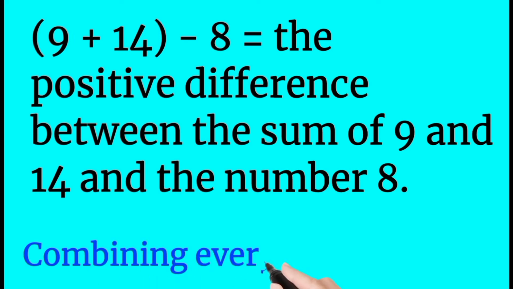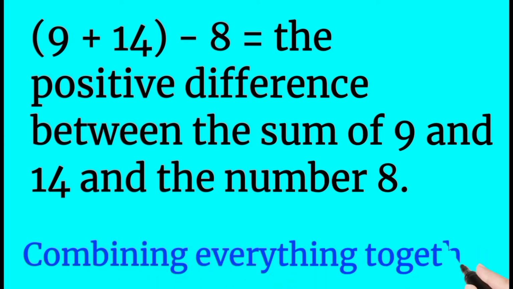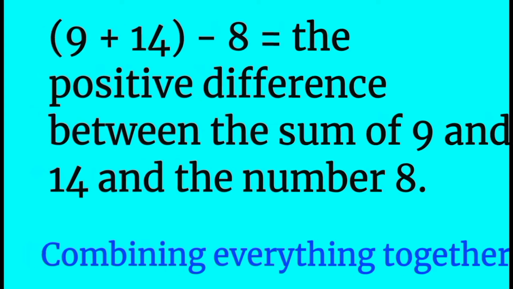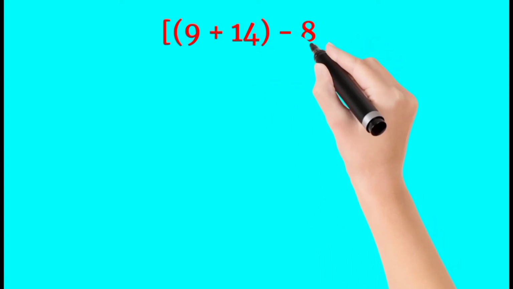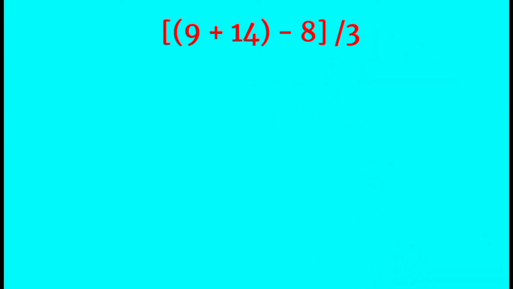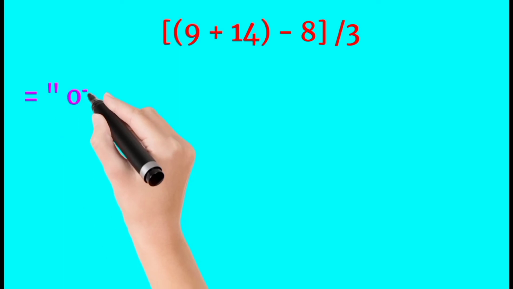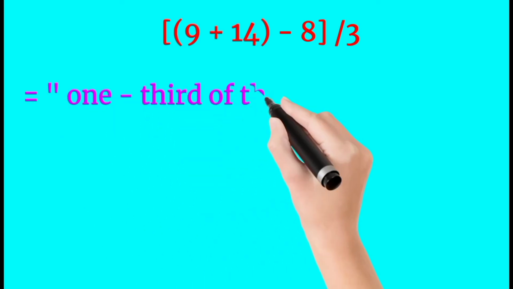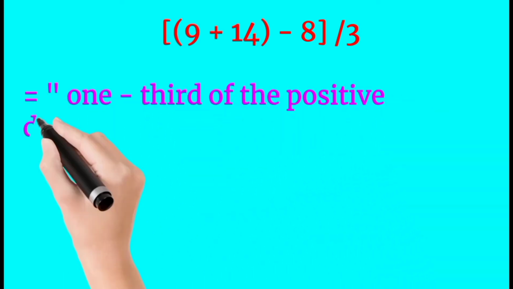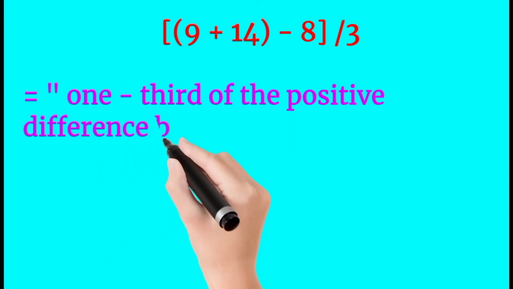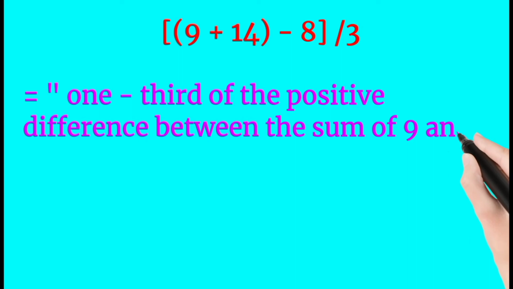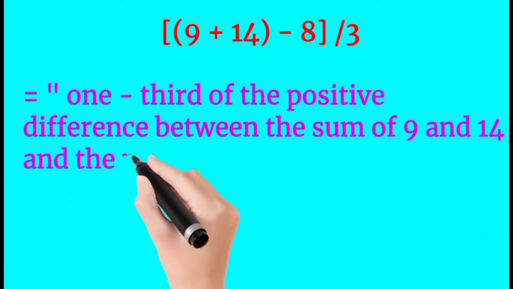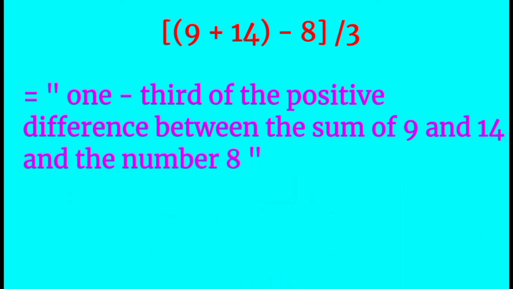Now, the next thing we are going to do is to combine everything together so that we have a simple expression. When we combine all the various statements we have written down, we have the bracket of 9 plus 14 minus 8 all divided by 3 to be 1/3 of the positive difference between the sum of 9 and 14 and the number 8.